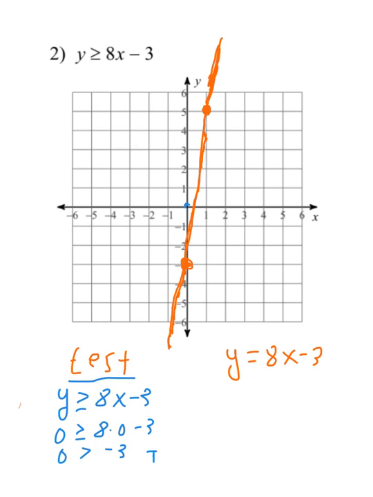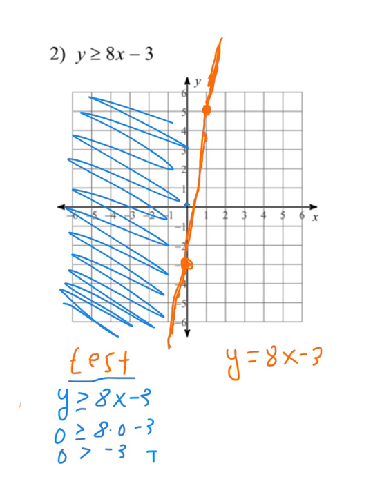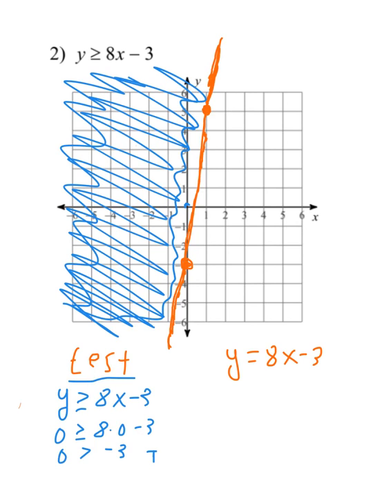If the answer that you get is a true statement, then that is the side of the graph with all of the solutions. So you end up shading the side that has all of the solutions. And that's it.